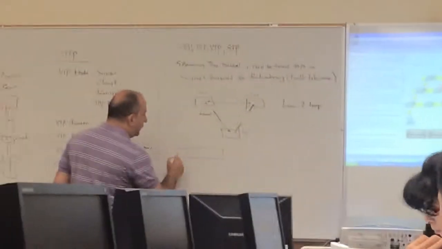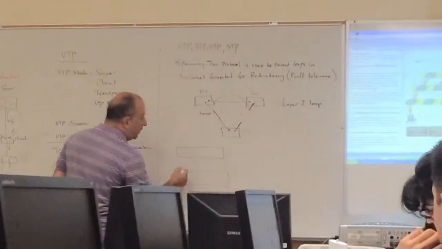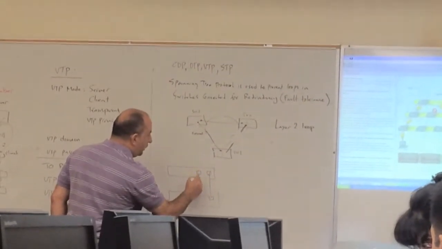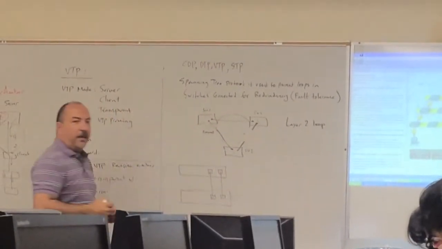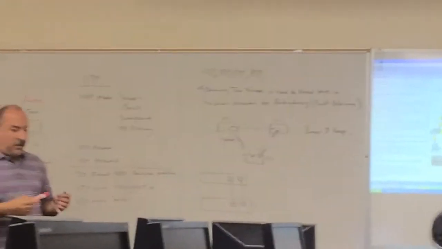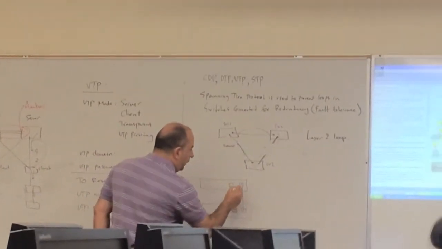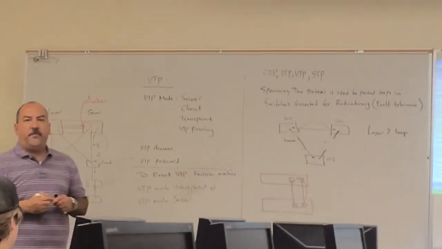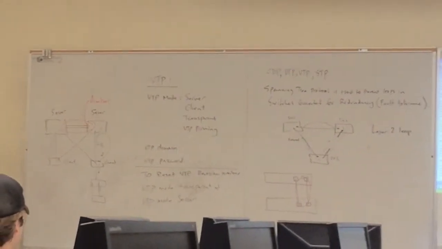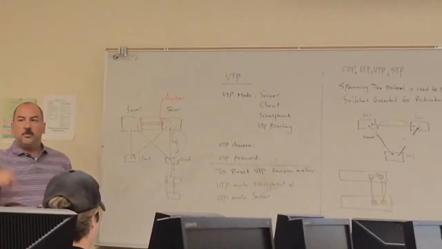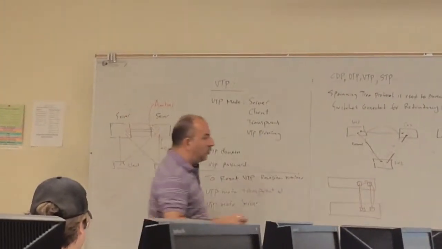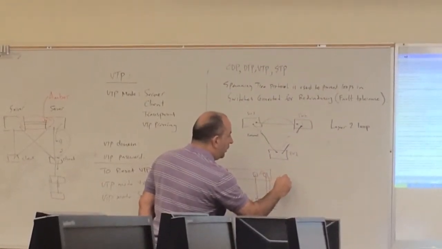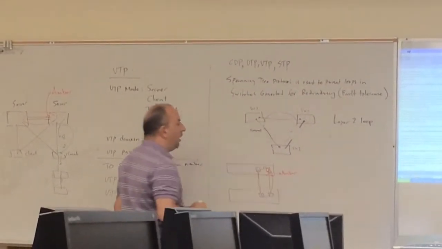Just try this. Take two switches, connect two cables, two trunks like this. Make two trunks. Okay? If you do this, I just created a loop in here. Data can loop indefinitely between those two ports. So what you're going to see is one of the ports in here is going to go amber, which means that it is in blocking mode.